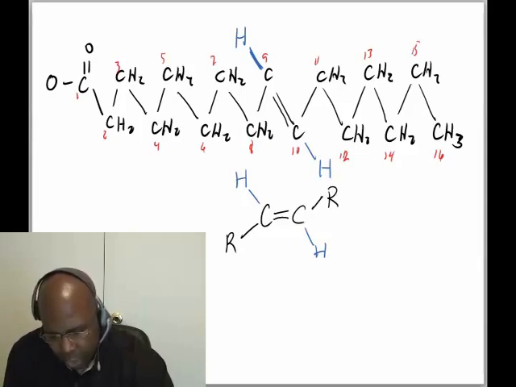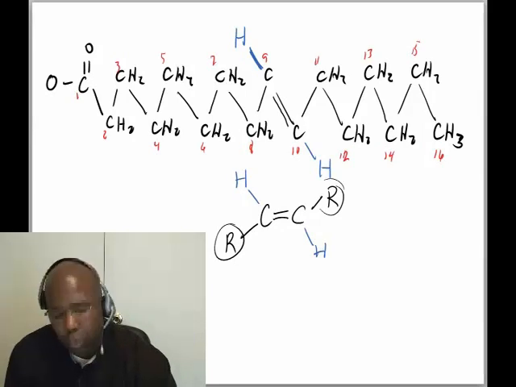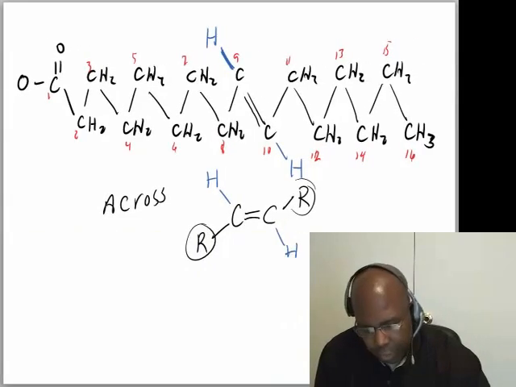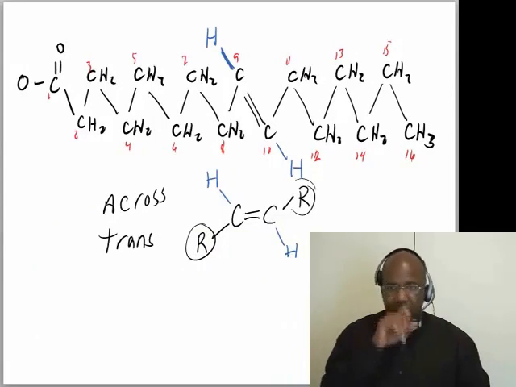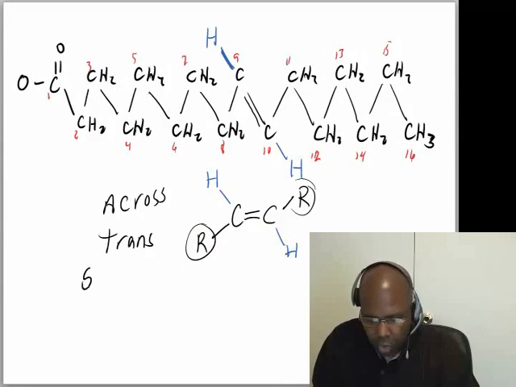And so this double bond, as it's drawn, has the two alkyl groups, or the two R groups, across from one another. We call this type of double bond a trans double bond. In a trans double bond, it leaves the hydrocarbon chain straight.